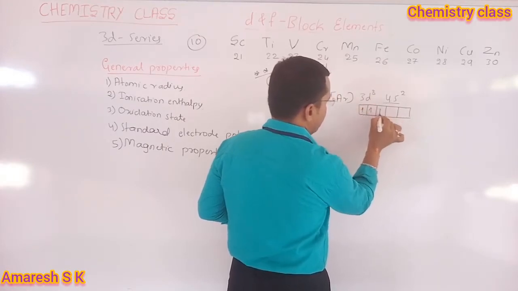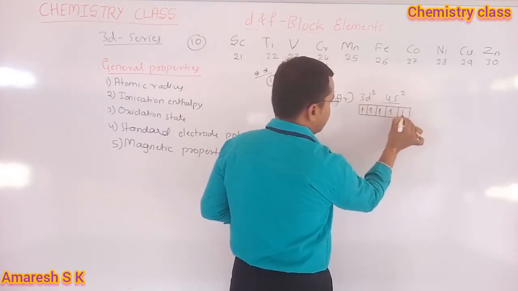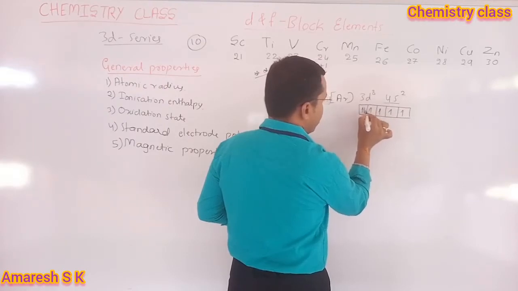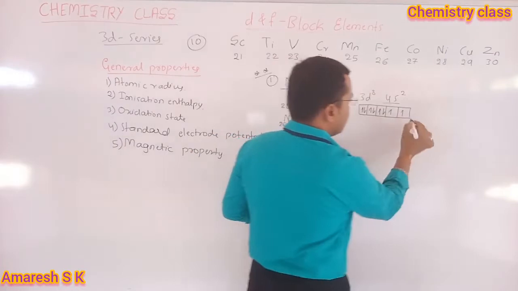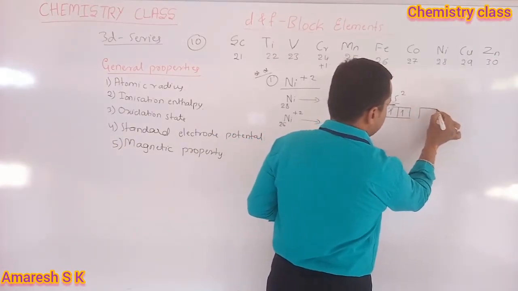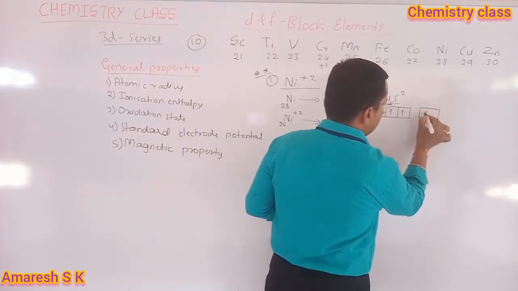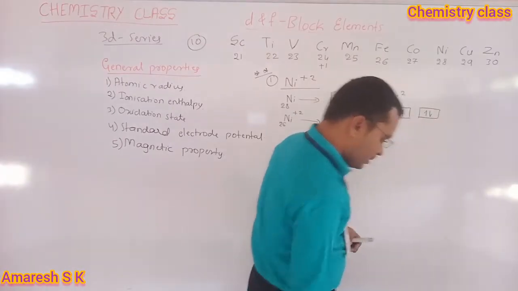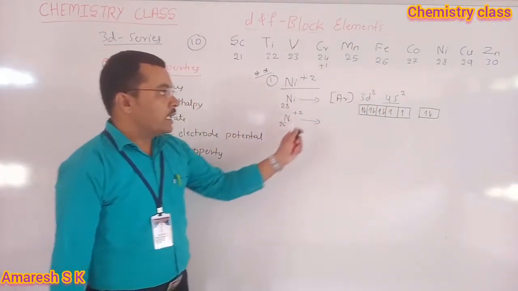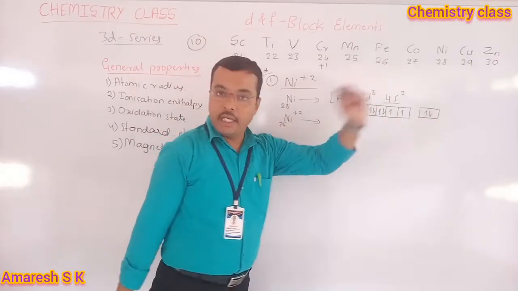According to Hund's rule, we should allot the electrons like this: first unpaired, afterwards they are pairing. Totally 8 electrons. Next, 4s, total 2 electrons are there. This is the electronic configuration of nickel in the ground state.